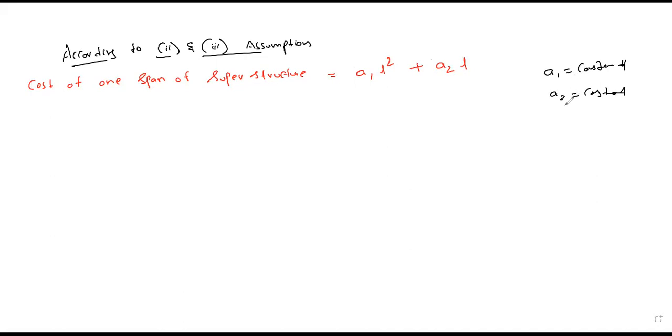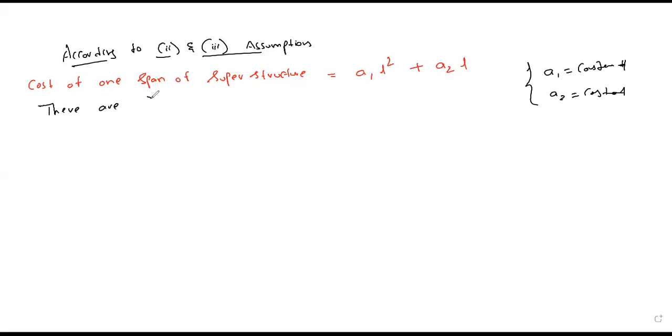That's why we take A1, A2 as constants. L square, that is what the second assumption is talking about. Square of the span length, therefore A1 L square plus A2 L. Understand? So these two are nothing but the assumptions of the second and third points. Okay, so here these two are constants. A1, A2 are constants.